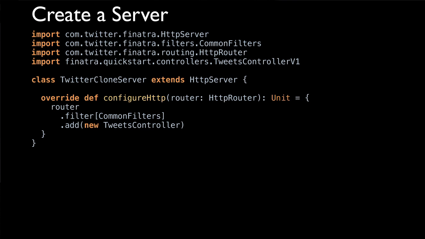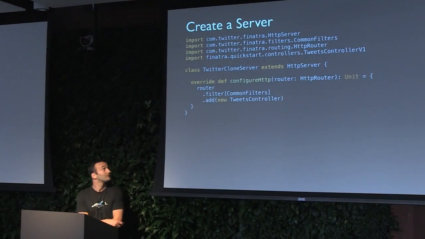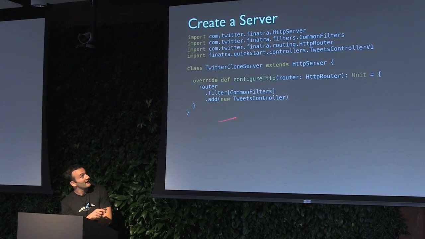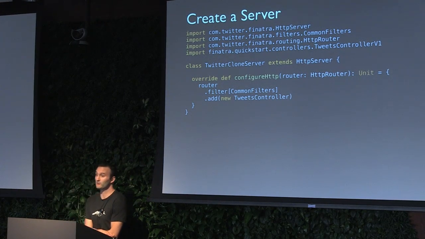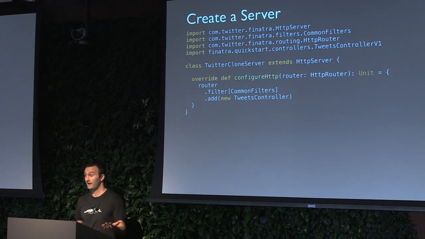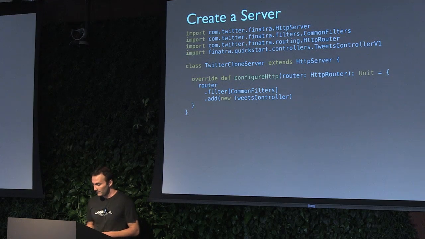OK, so now that we have a controller, we can now create a server. Servers now extend the HTTP server class. You then override a configure HTTP method. It hands you an HTTP router. And you can now add things such as filters or controllers to this router. In this example, we're demonstrating two APIs.